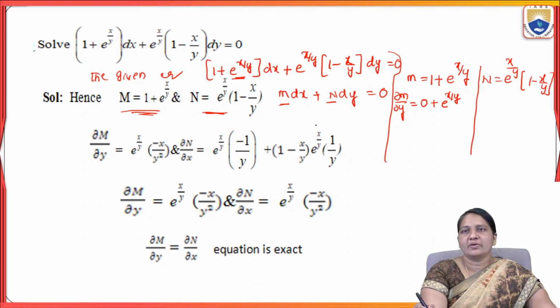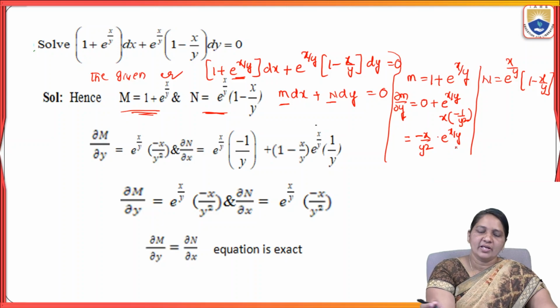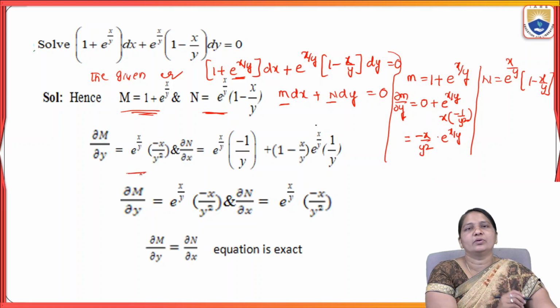So the derivative of e power x by y is e power x by y, and we have to differentiate the power value also. Here, when you are differentiating with respect to y, x is the constant. So the derivative of x into 1 by y is minus x by y square. So finally this value is minus x by y square into e power x by y. That is the dou m by dou y value.